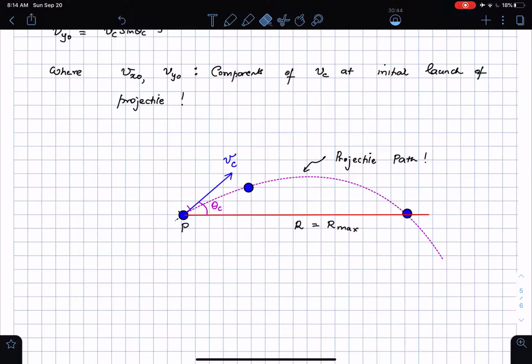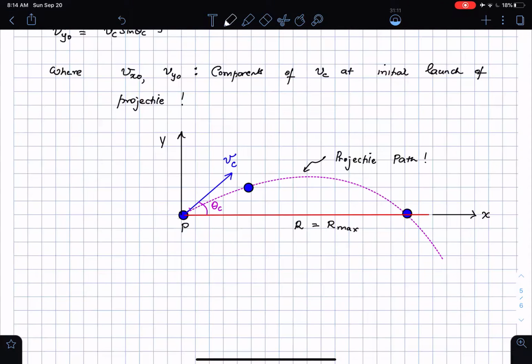Maybe I can clean up a little more. Now I see that this is similar to projectile motion essentially, right? So this is my y-axis, and this is my x-axis. If this is my x and y axis, then I essentially have projectile motion equations which I can use from before.